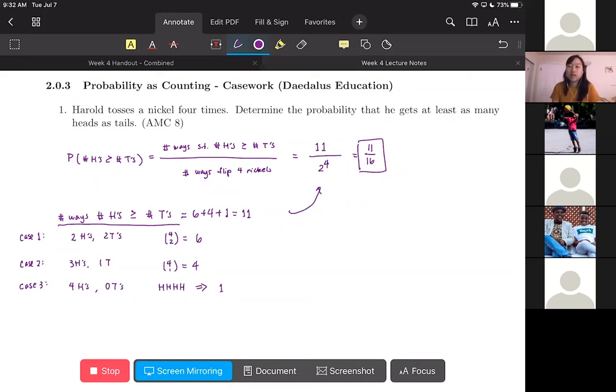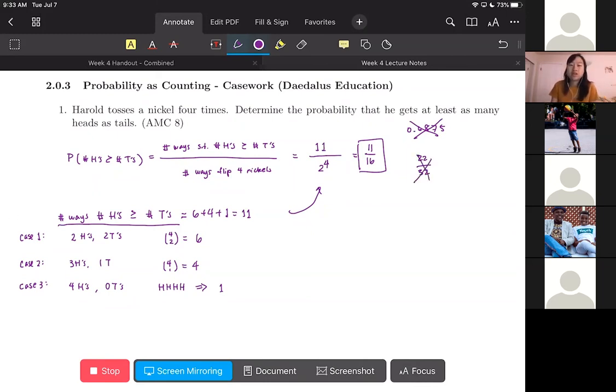So basically what they're asking for is something of the form 11 over 16 and not a decimal, right? So you don't want to write 11 over 16 is 0.6875. You want to write 11 over 16, not this. And usually when they say simplified, it means you have to take out all the common factors. So for example, you don't want to write something like 22 over 32. Okay, yeah. Thank you.